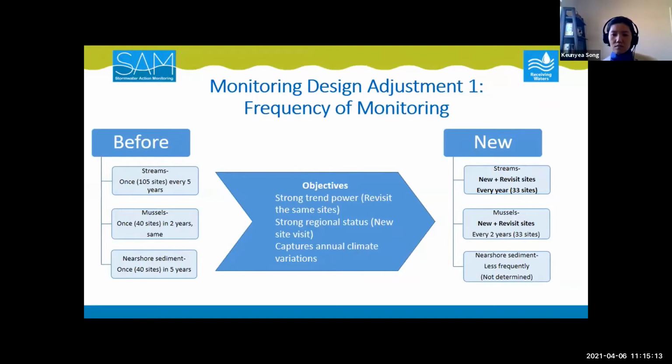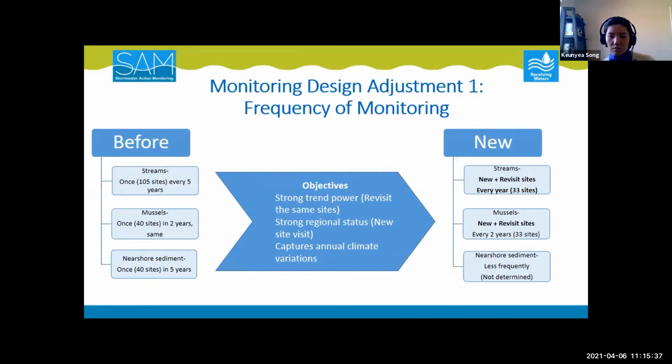The mussel study will be done every 2 years, starting this winter, 2021. The mussel study will have the same number of sites, 33, with a combination of first, second, and third visit sites again. And again, after the third visit, that site will be replaced with a new site.